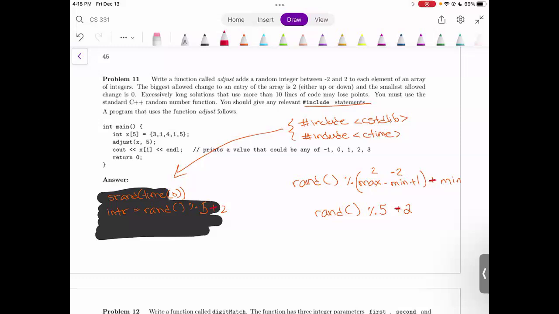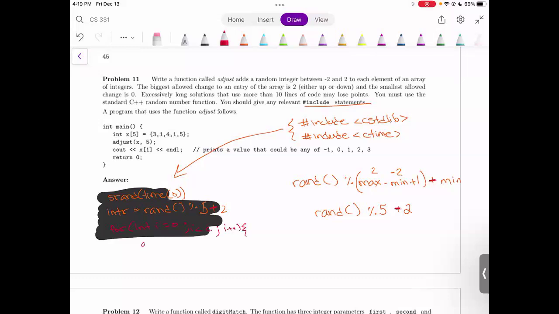So we do that by saying i is less than the array's capacity, so we'll say c plus plus.